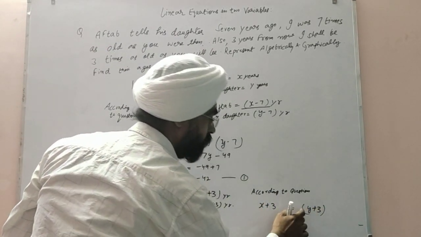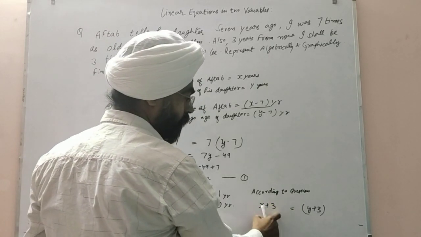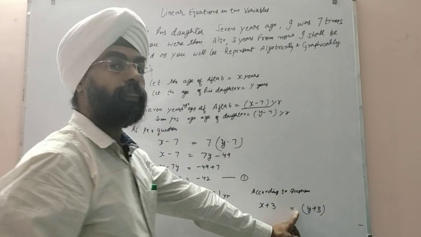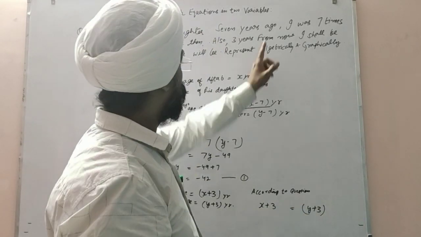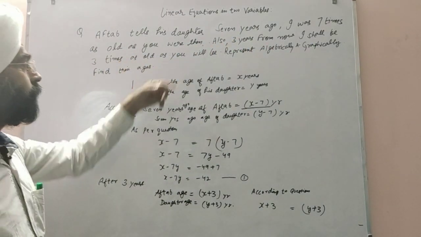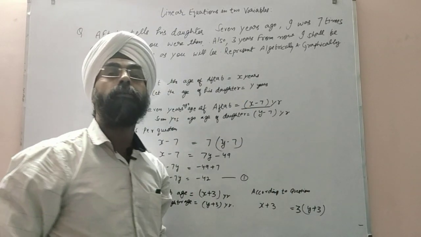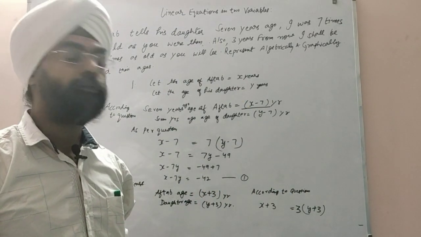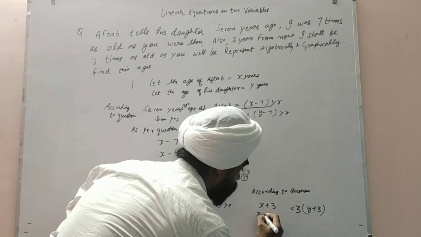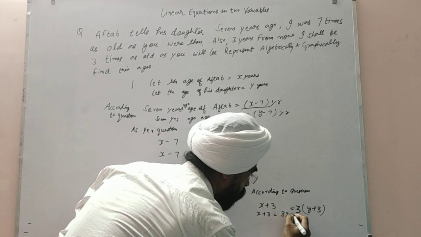We have to put some coefficient here. That coefficient will be 3, as in 3 years from now I shall be 3 times as old as you. So the 3 is to be put here to balance or equate this type of equation. Now the algebraic equation will become x plus 3 equal to 3y plus 9.